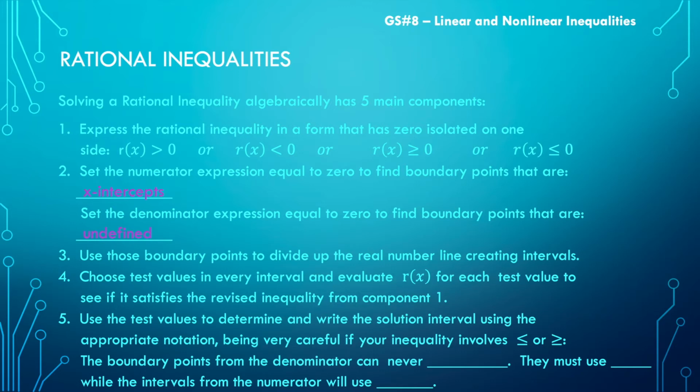So we want to make sure that any interval that includes the boundary point or points that comes from the denominator will use parentheses, okay? Everything else will use brackets. Any interval that includes boundary points that comes from the numerator will use brackets. All right, so let's jump in.